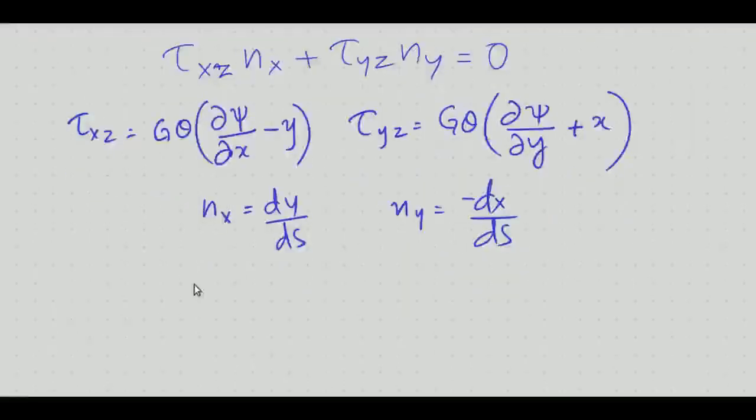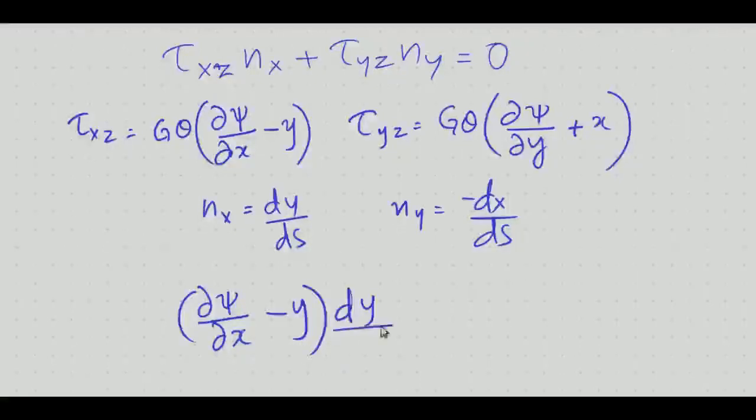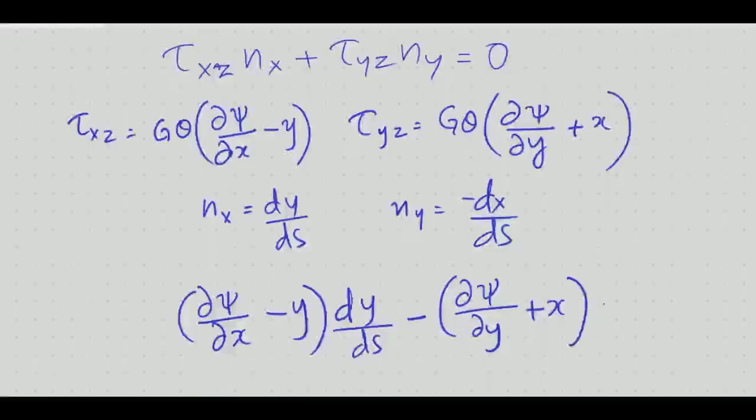So the boundary condition will be (dou psi by dou x minus y) into dy by ds minus (dou psi by dou y plus x) into dx by ds equal to 0. Here G theta will be cancelled, since in both terms we have the G theta term, and G theta is not 0, we can write the equation like this.